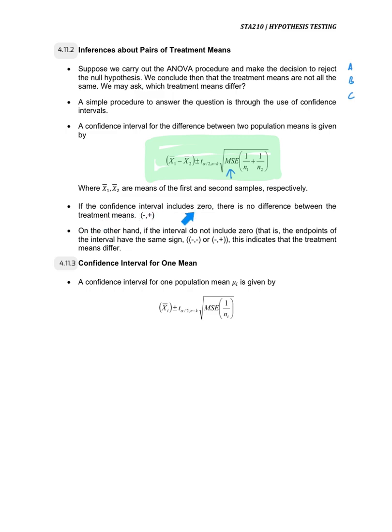If the confidence interval includes 0, there is no difference between the treatment means. Meaning that the interval has a positive and a negative value. But if the interval does not include 0, meaning that the interval has the same sign, whether negative or, sorry, positive, this indicates that the treatment means differ.